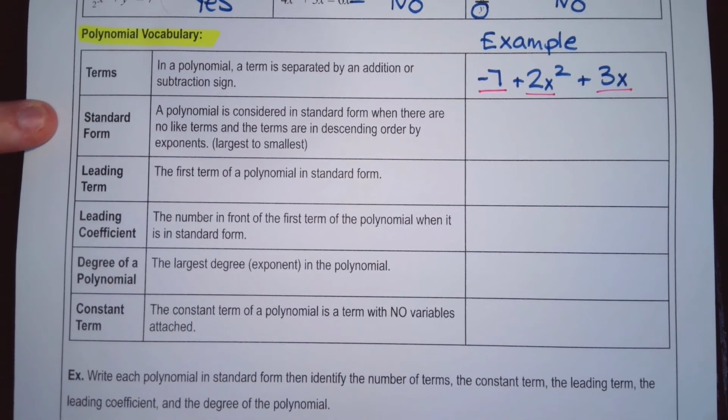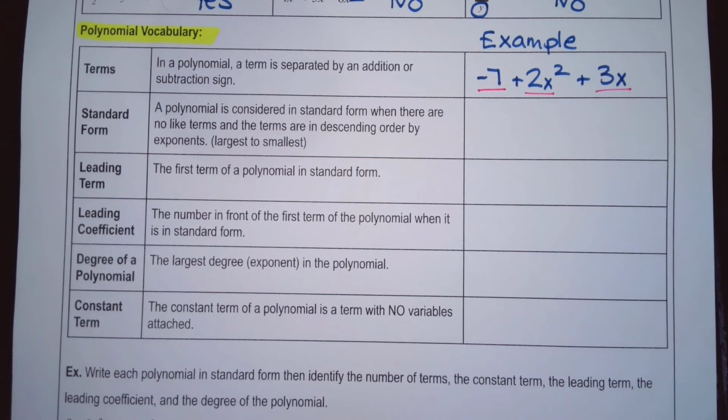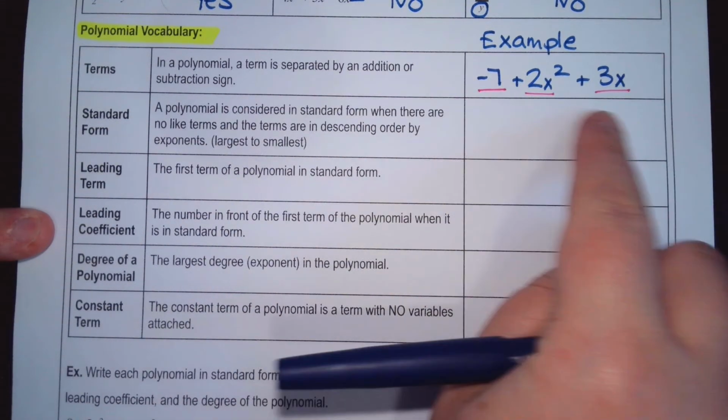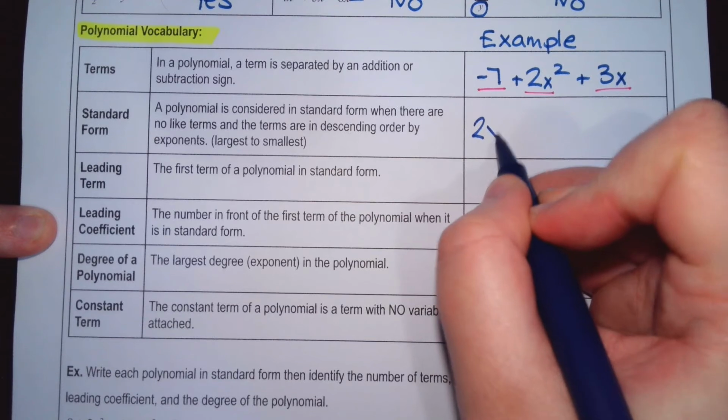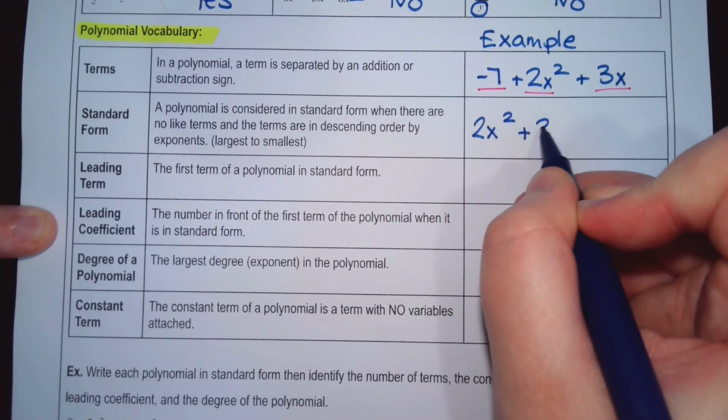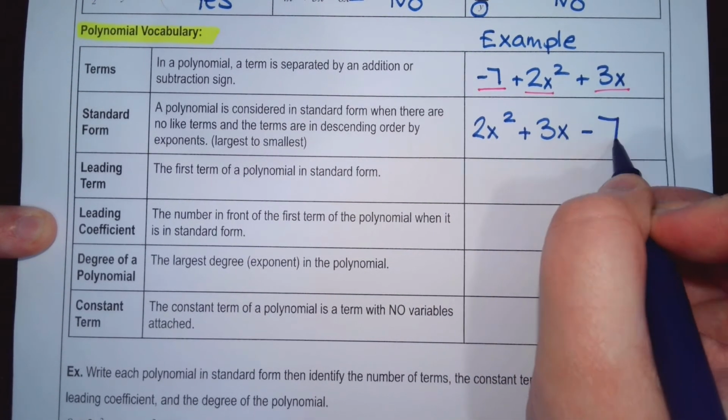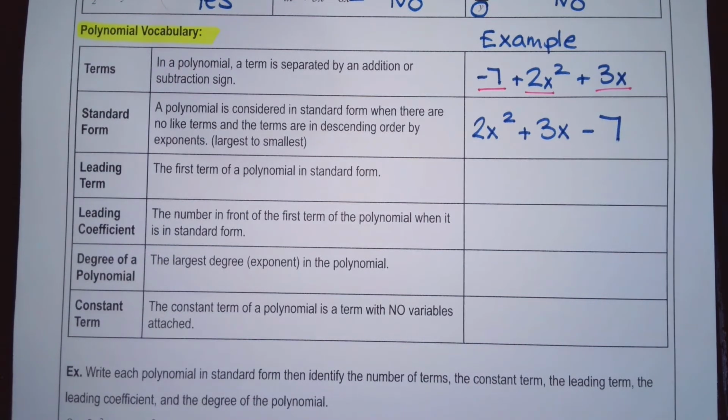Next, standard form. A polynomial is considered in standard form when there are no like terms and the terms are in descending order by exponents, so largest exponent first to the smallest. Now this first example we did, I'm going to put it in standard form: 2x squared plus 3x minus 7.